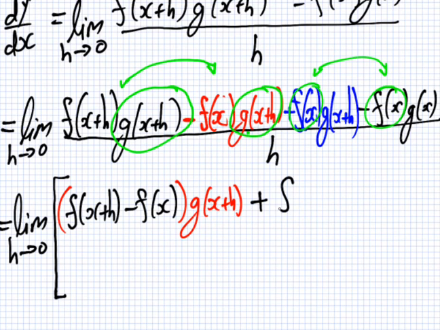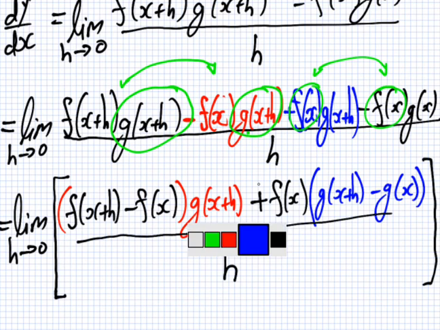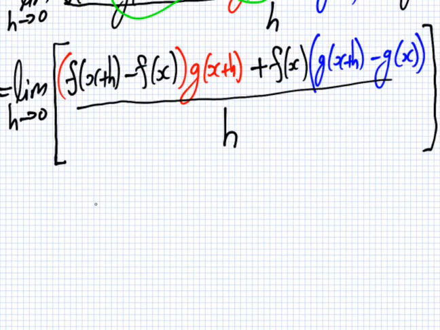You put in here a minus f(x+h)g(x), and then a plus f(x+h)g(x). Now the reason I did that, well, firstly, what happens to the red and the blue? They cancel.